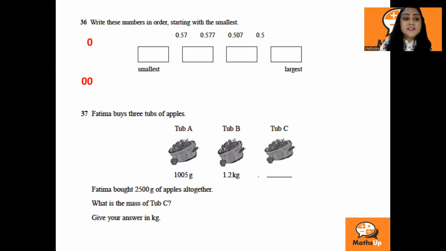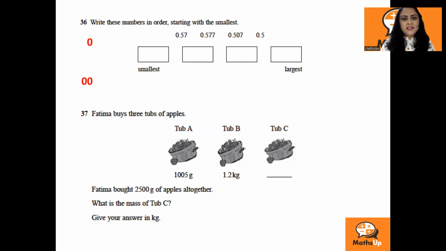Then 36th question. Write these numbers in order starting with the smallest. So if you are very good at decimal numbers, it's very easy for you to rearrange these decimal numbers from smallest to largest. But if I assume that you are not good at decimal numbers, here I'm going to teach you how you can rearrange these numbers from smallest to largest.